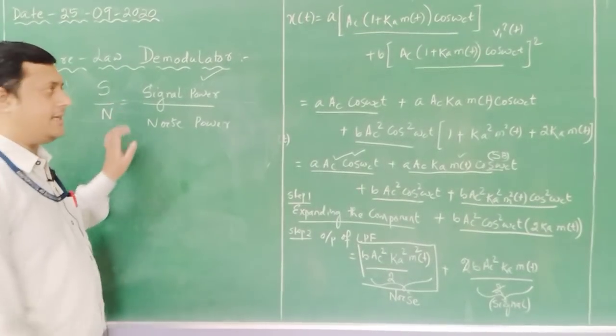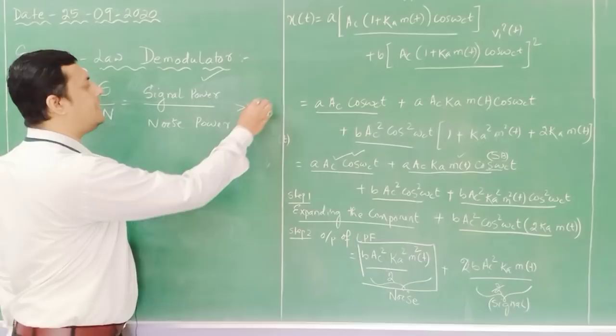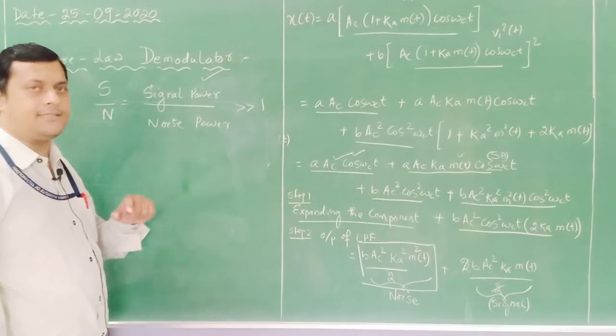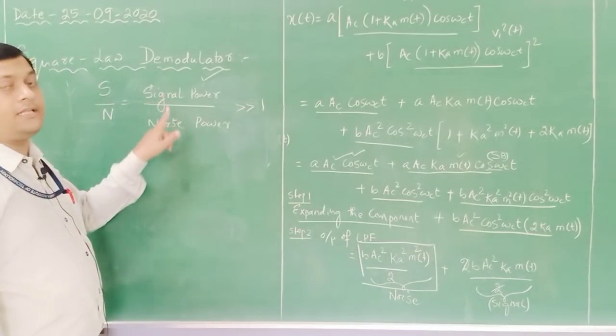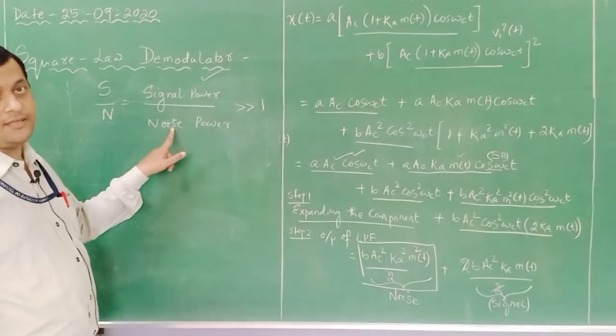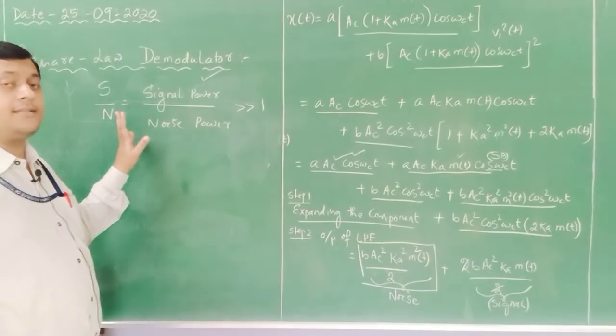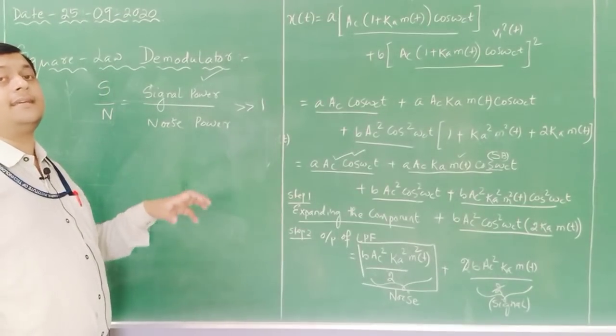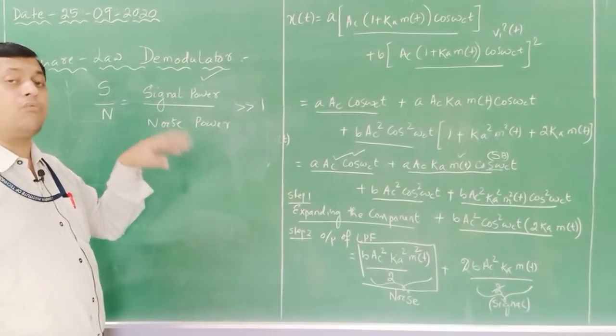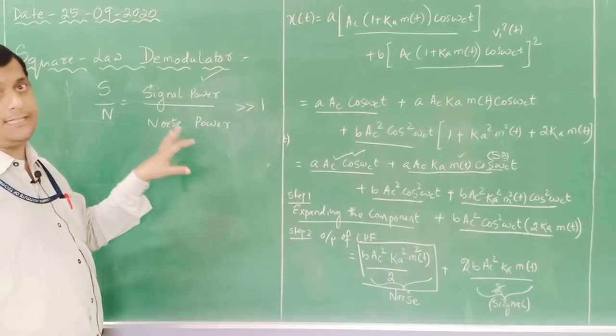If the value of S by N is much greater than 1, it indicates that the signal power is much greater than the noise power. Only then can we say that the modulating signal can be recovered easily from the modulated signal.